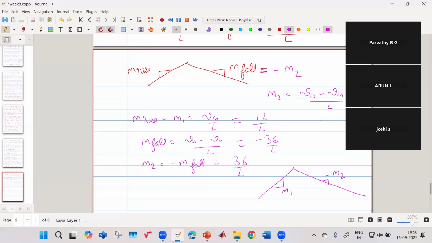So we use a minus sign, and we use minus of M2. We are always making sure that the magnitude of M1 and M2 is positive. So in this case, we don't need to change the sign. But over here, we are using minus M2. We say that this is a negative slope. To signify that, we are doing this math.